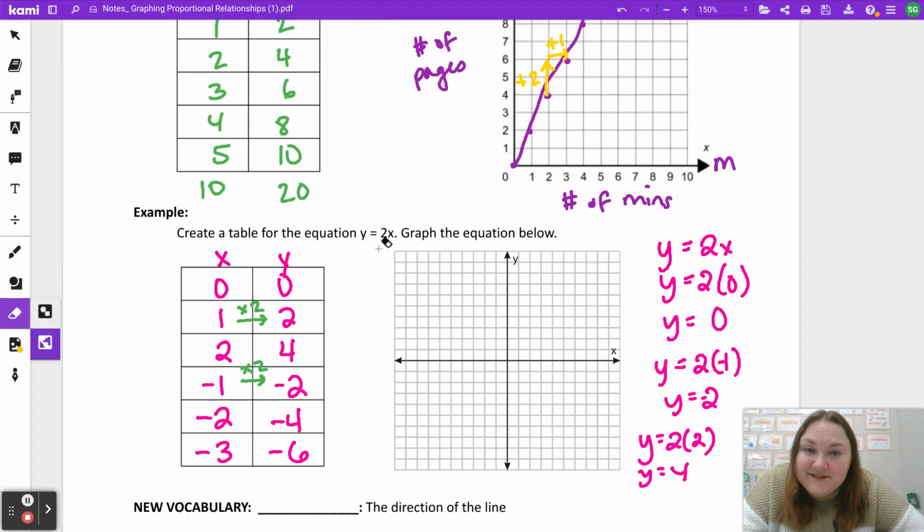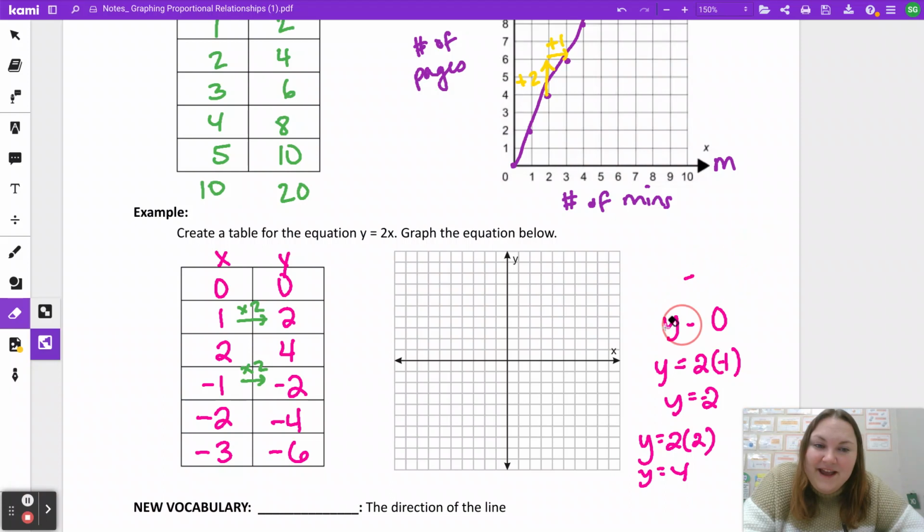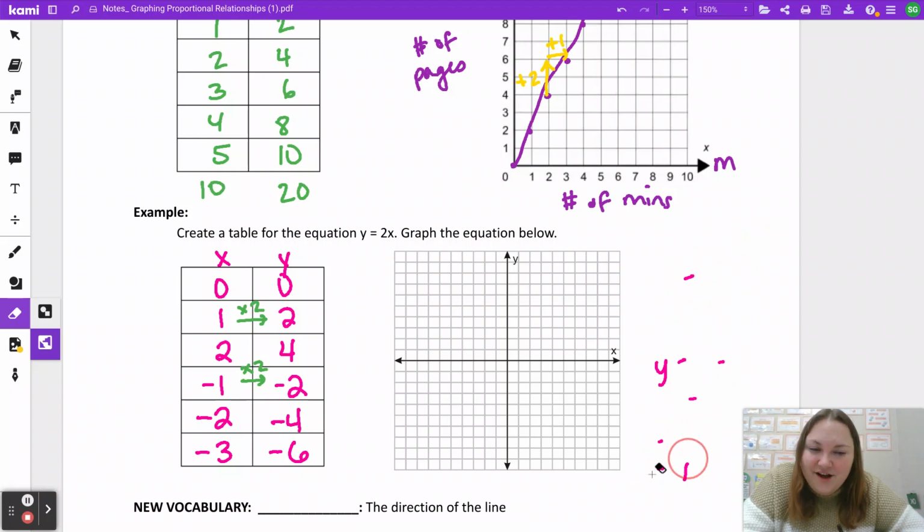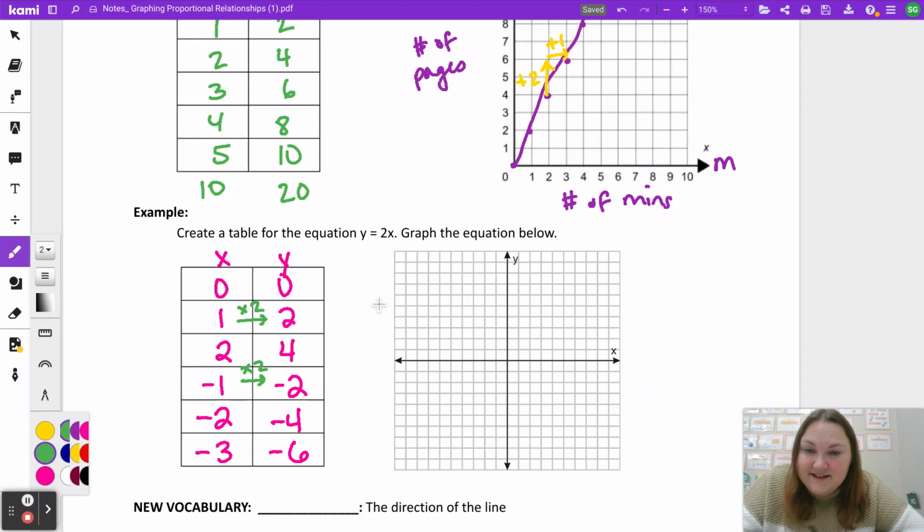Similarly, the graph to this equation is going to look really similar to the one above. And the way I would know that, again, is all about that number we see in the equation. My equation says y equals 2x. That 2 is going to be what tells me how my line moves.